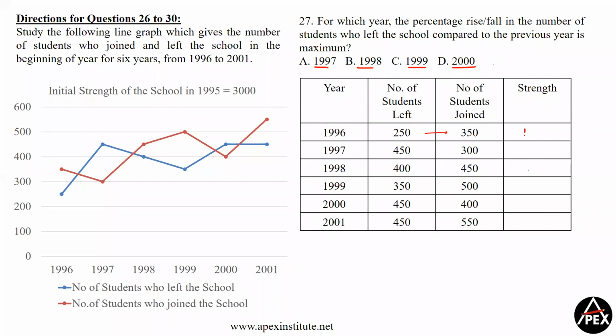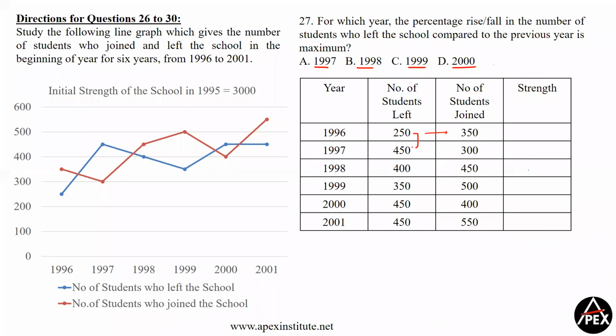Here we have a rise of 100, here a fall of 150, here 50, here 150, here 50, and here 100. Oh, sorry, my bad. We need to compare only the values for students who left the school, compared to the previous year.